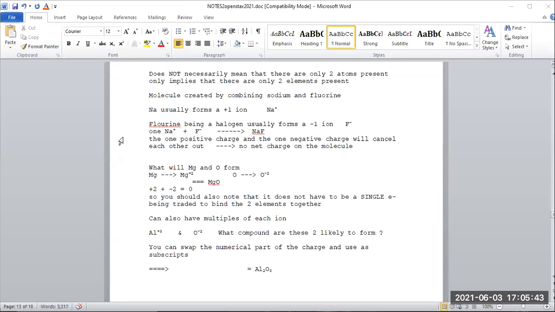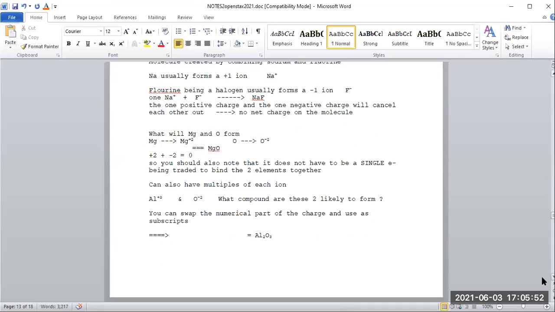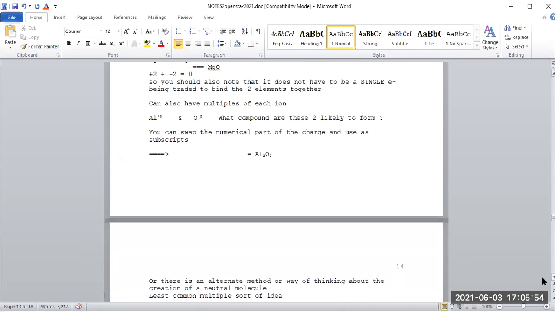What if your numbers don't match? I'm going to pick on aluminum and oxygen. So aluminum has a +3 charge in its ionized form. Oxygen has a -2 charge.